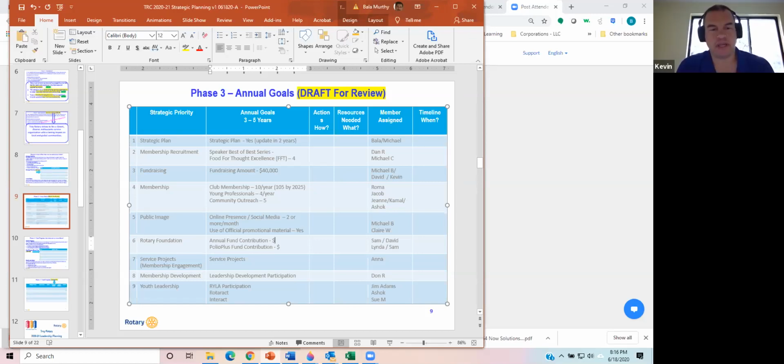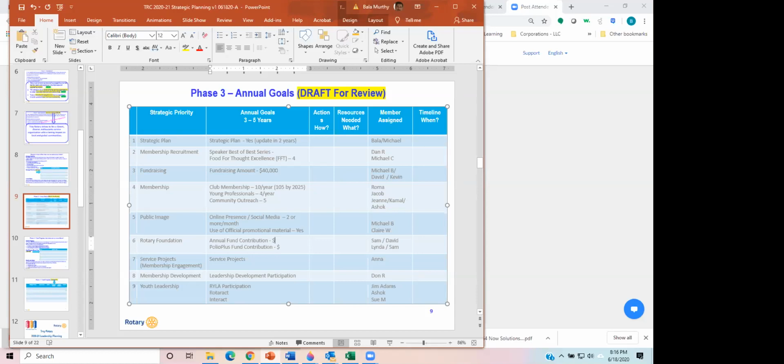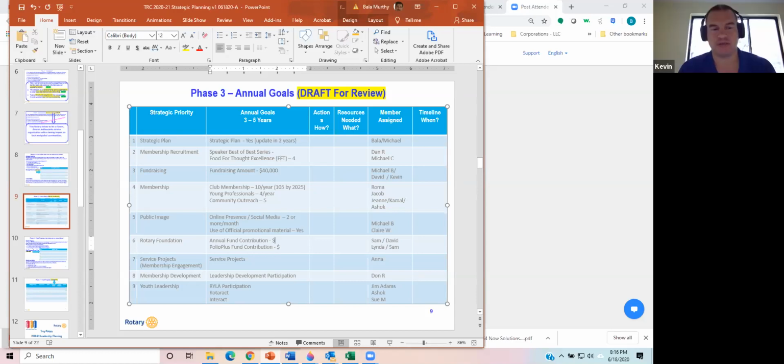Are we delineating here $100 per person? Does it matter whether the club's giving it or the individual is giving it? No. I know it doesn't matter for the citations, but from the standpoint of what we're putting down here, for a long time, the annual fund has been a line in our budget where I think we've used about 10%.